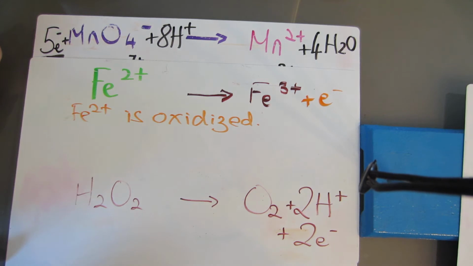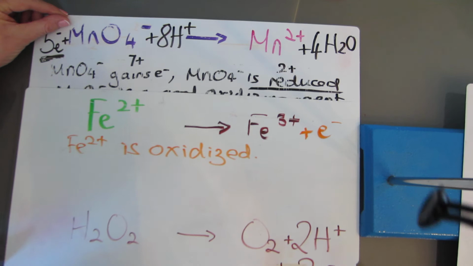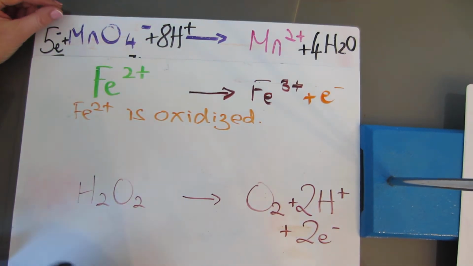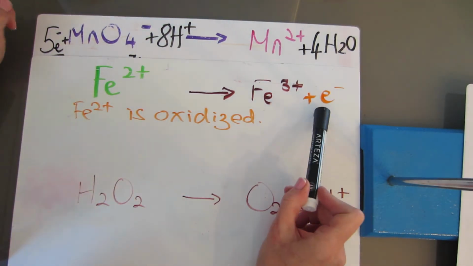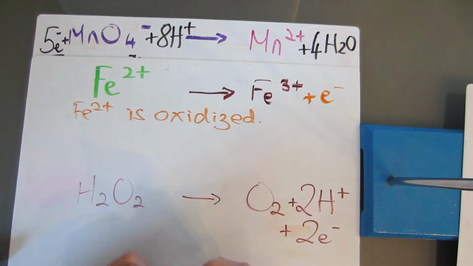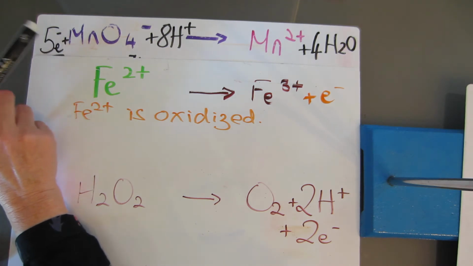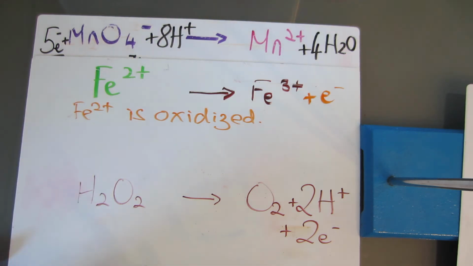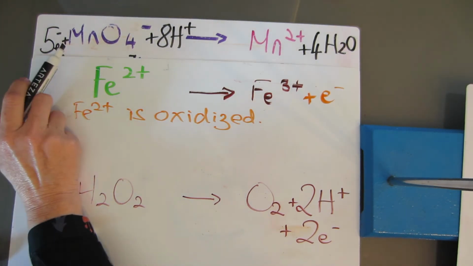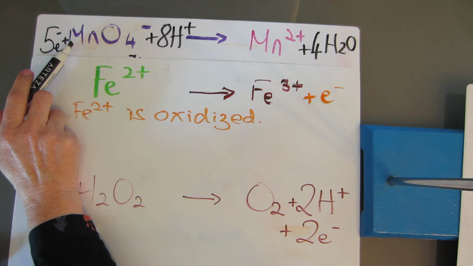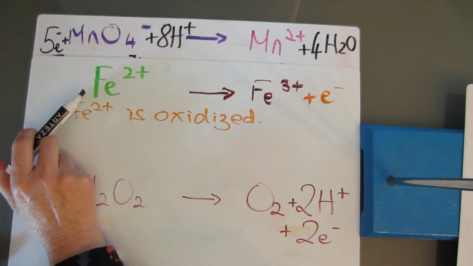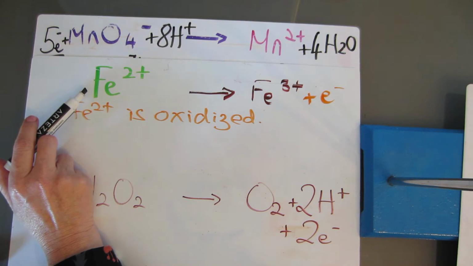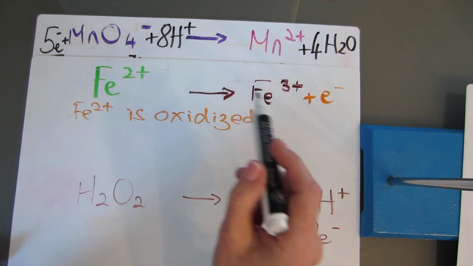Now the first thing that you have to notice is that in this half equation, Fe2 plus ions are losing 1 electron, but MnO4 minus ions need to gain 5 electrons. So what does this mean? For every 1 MnO4 minus reacting, how many Fe2 plus must there be so that the Fe2 plus can actually give 5 electrons?